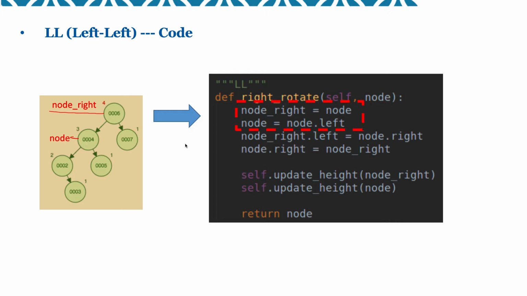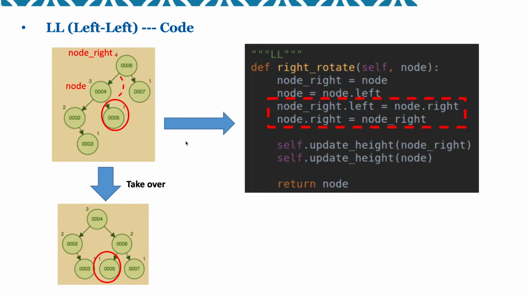So it's quite simple and intuitive. And the second part is the most important part. Intuitively, we want the number 6 node to take over the number 5 node, right? And the number 5 node will be attached to the left part of the number 6 node. So this is the whole process. In this slide, these 2 lines of code do the work.